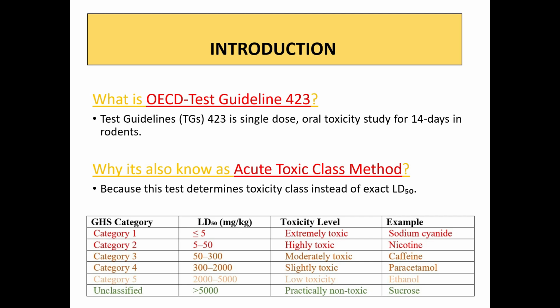So, introduction. What is OECD Test Guidelines 423? Test Guideline 423 is a single dose oral toxicity study for 14 days in rodents. Here we are giving a single dose to animals.